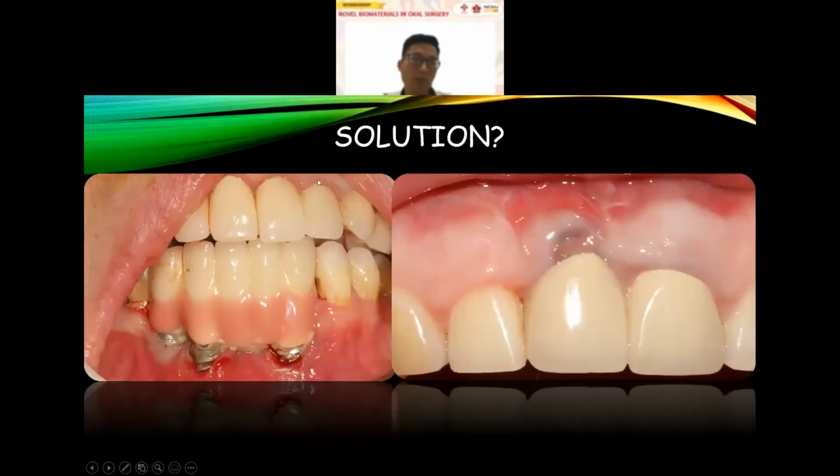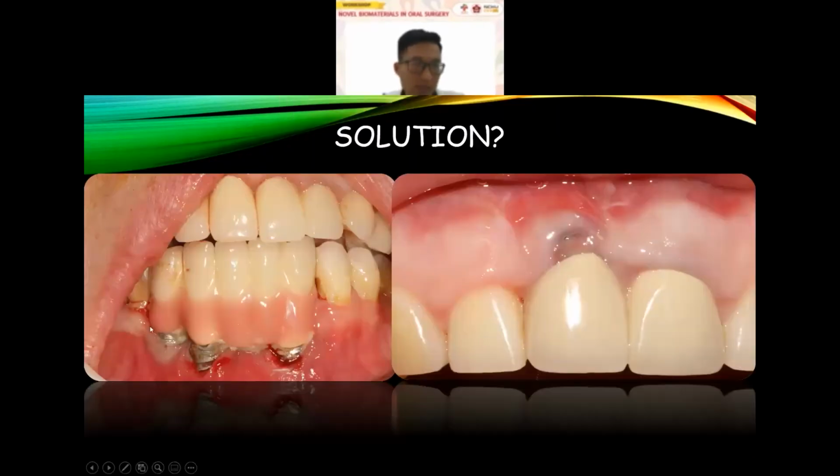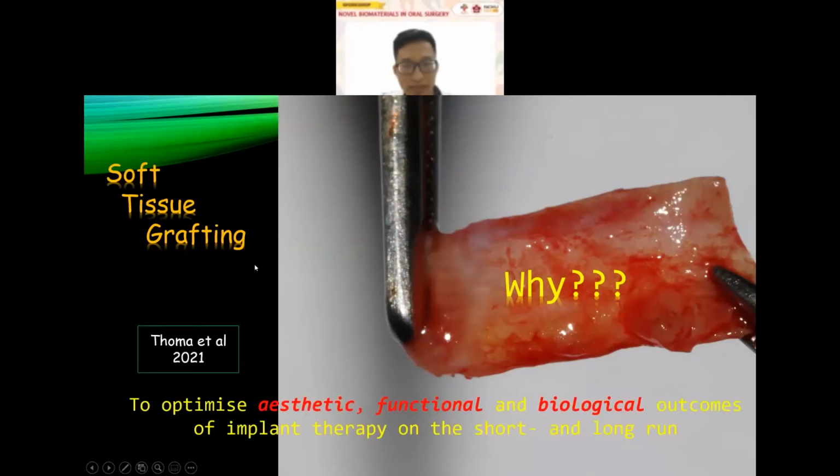So what are the solutions for these scenarios? Remove the old implants, make a bone graft and make a soft tissue augmentation. So today I want to focus on soft tissue grafting to optimize the aesthetic, functional and biological outcomes of implant therapy in the short and long run.